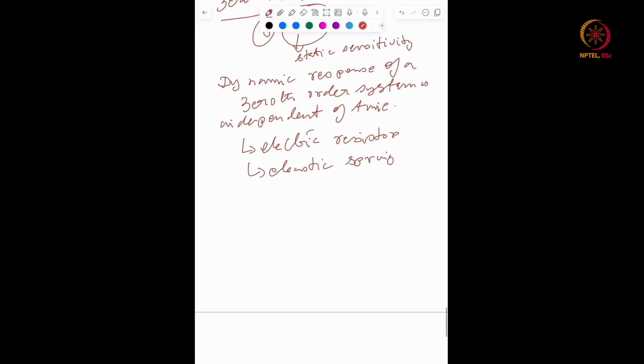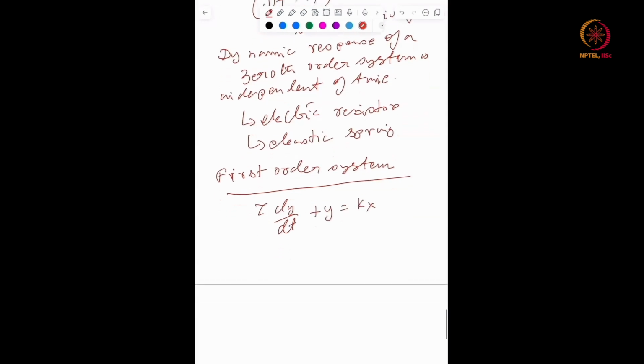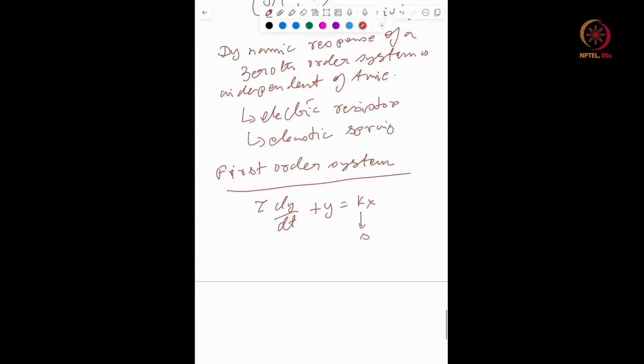Okay? Then you go to the first order systems. This is first order. Okay? So first order systems are like tau dy by dt plus y is equal to kx. This form is characterized by two parameters. One is the static sensitivity, okay, and the other is basically the time constant.